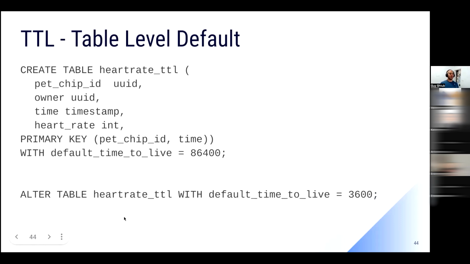By the way, whenever you update or insert new data to the table, then that updates the TTL for that piece of data. And the default time to live is null, which means that data is not automatically erased, only if you define it.